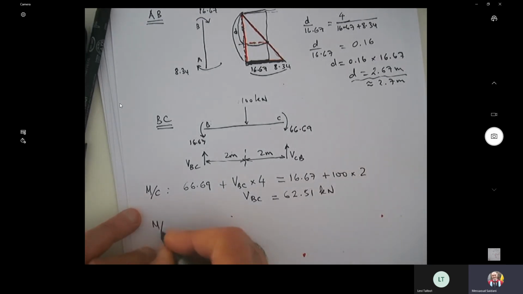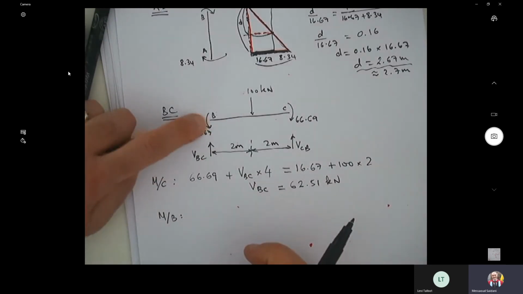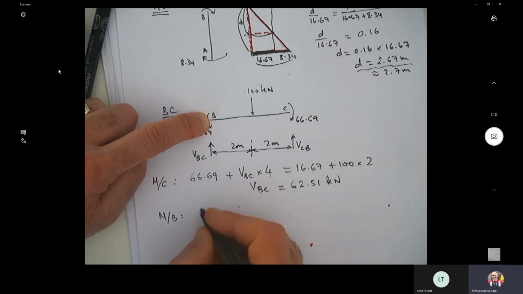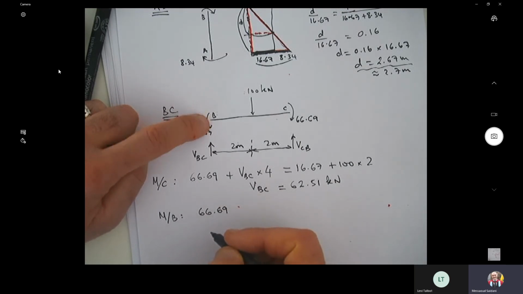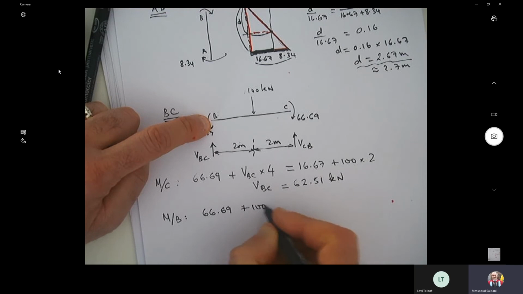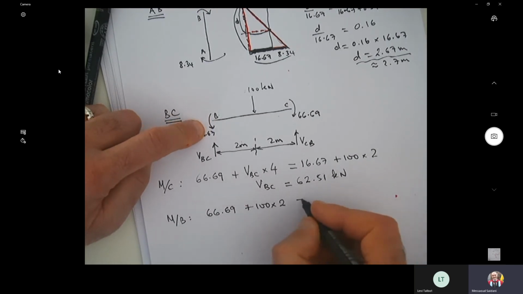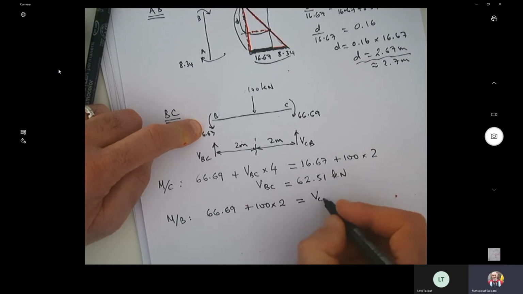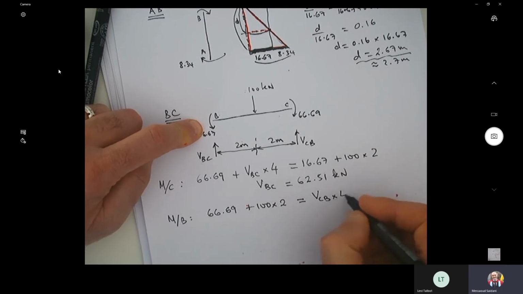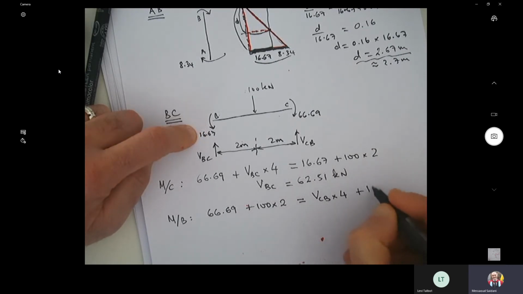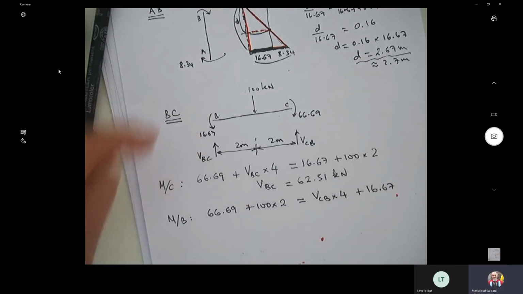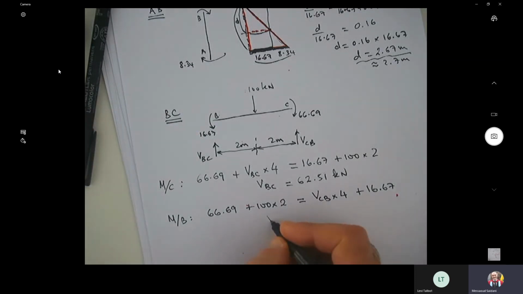And then we do the same. Take moments about B now. About B we have clockwise 66.69, and clockwise we have 100 times 2. And then anti-clockwise about B, we have VCB times 4 and 16.67. And then that will give you VCB.